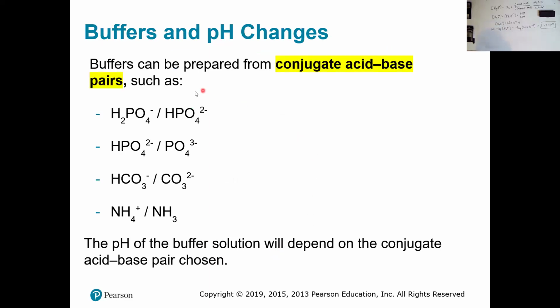Buffers can be prepared from conjugate acid base pairs. So we've been recognizing conjugate acid and base pairs already. These are acceptable versions of conjugate acid base pairs.